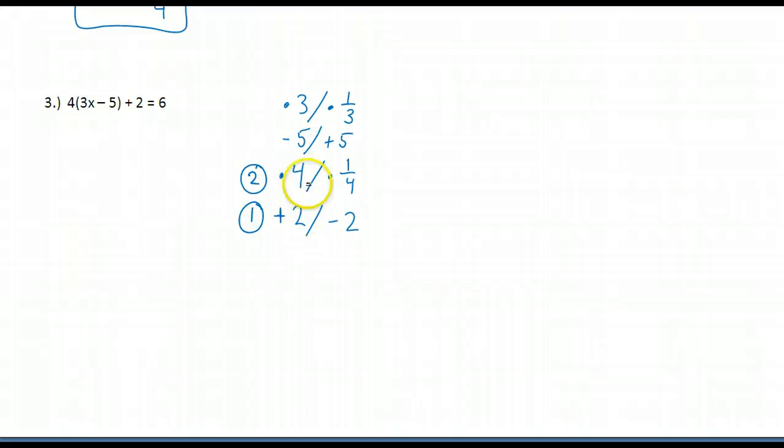Once I do these two things, then I can get inside of my grouping symbol. And then I need to decide inside of my grouping symbol what I need to undo first. So I'm going to reset the order of operations once I get inside of the grouping symbol. I'm going to start again with addition and subtraction, and then go to multiplication and division. So this is the order in which I need to undo the operations.